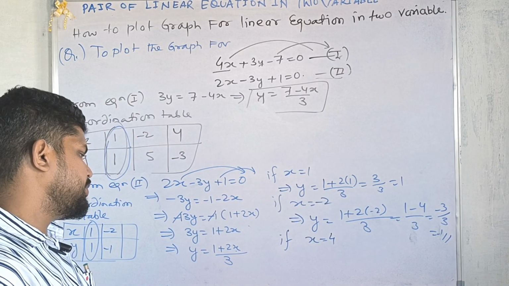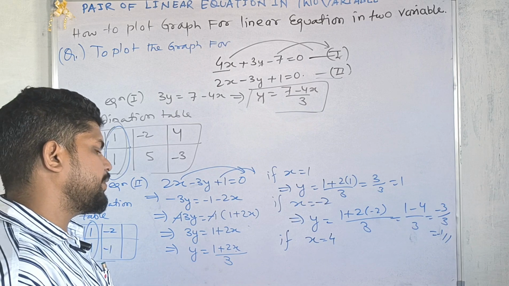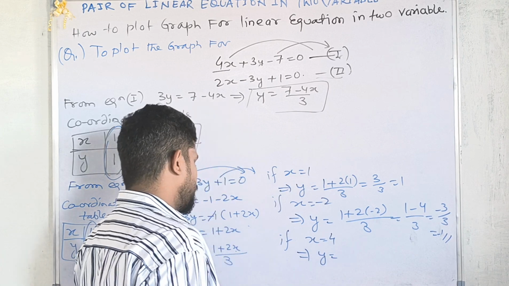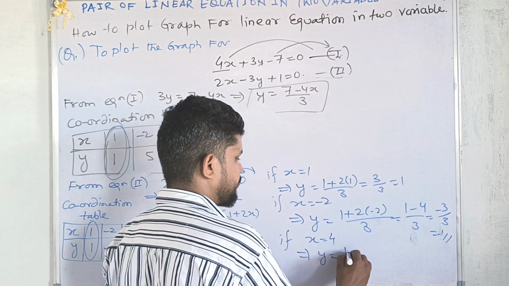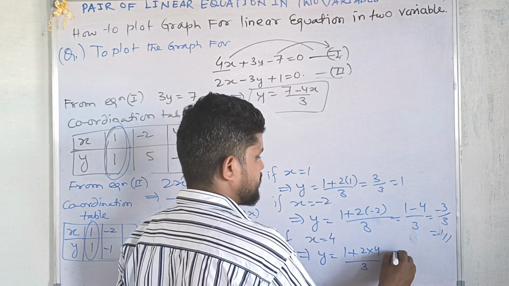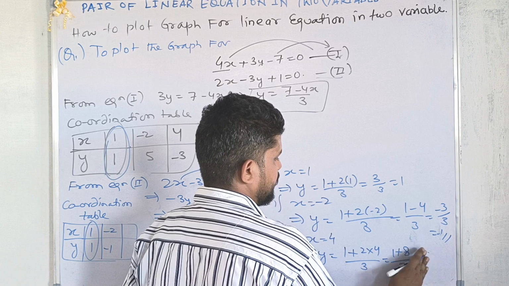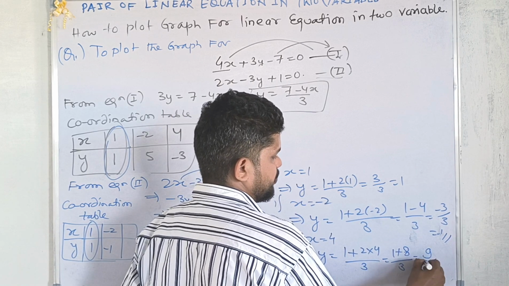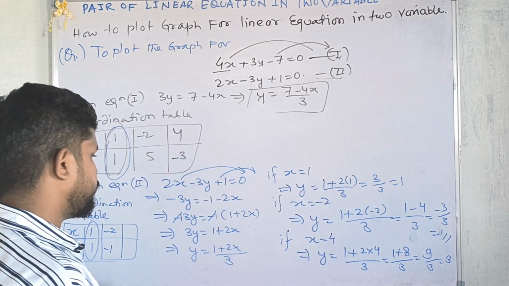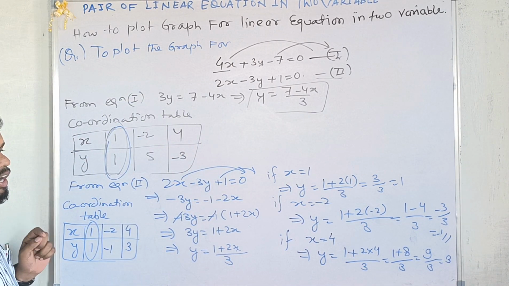For the positive 4, it will be 1 plus 8, that is 9, 9 by 3. Okay. So for x is equal to 4, I am getting 1 plus 2 into 4 divided by 3, that is 1 plus 8 divided by 3, that is 9, divided by 3 is just 3 I will get. So for the value of x is equal to 4, I am getting the value of y is equal to 3.